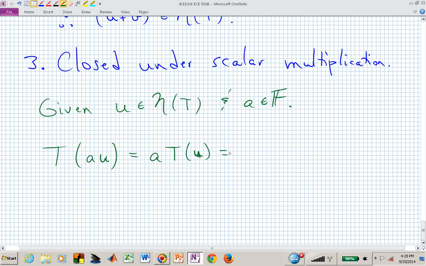But we knew that U was in the null space of T, and any scalar times the 0 vector gives us back the 0 vector. We're back then at the 0 vector in W, which says, if we look at the far left-hand side in this equation, that when we started with U in the null space, any A times U is also in the null space.